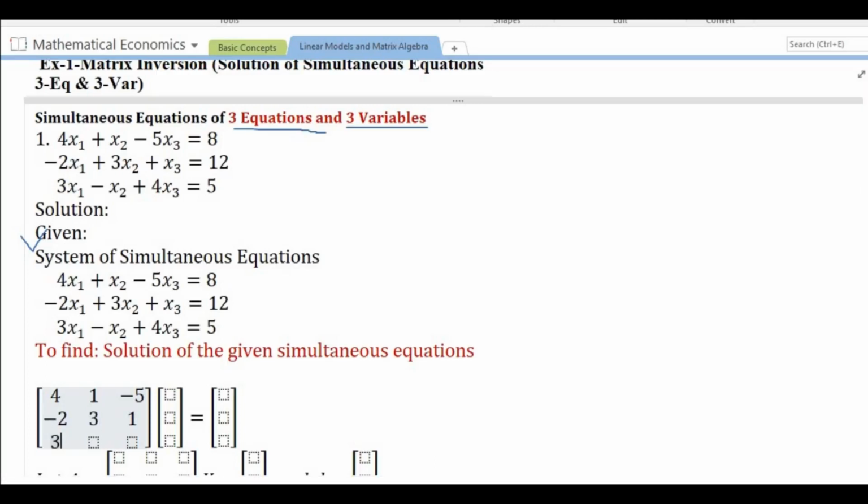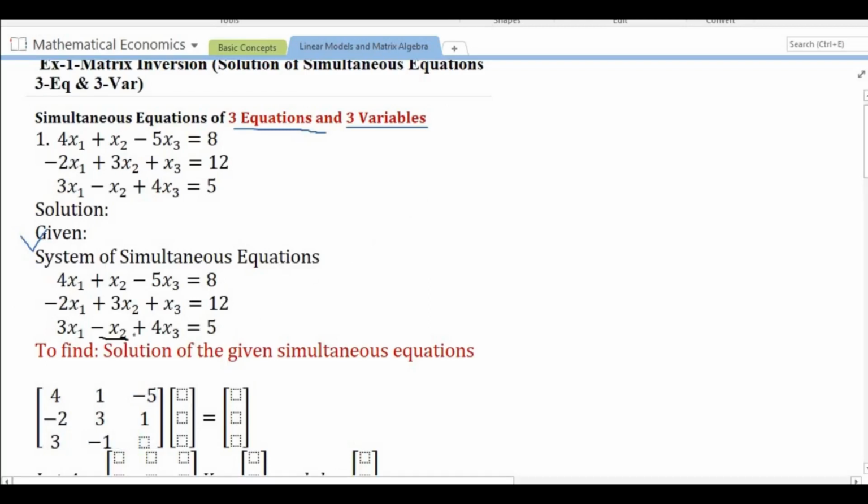Next row, 3, then minus 1. You must remember, if nothing is there in front of a variable, just like in this case and in this case as well, then the coefficient is 1. 1 times, let us check for this one, minus x2.